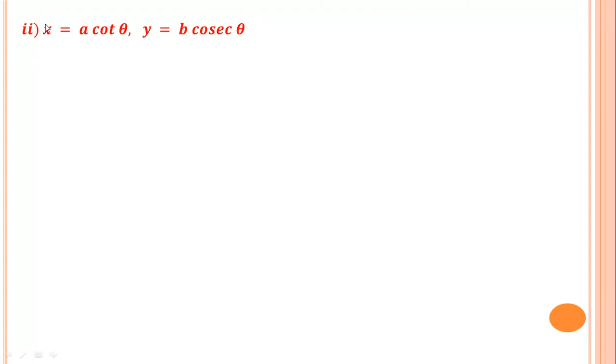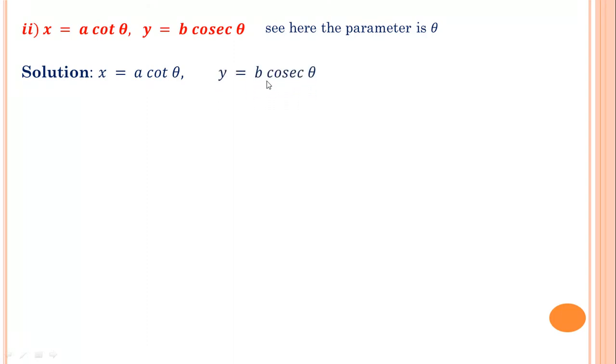Suppose x is equal to a into cot theta and y is equal to b cosec theta. Here theta is a parameter, so a and b are constants. Now see the solution. We differentiate both with respect to theta.